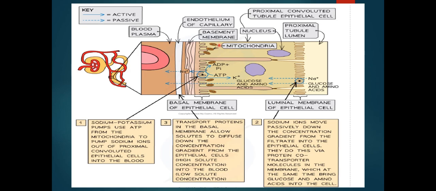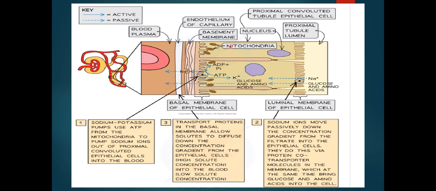You can see a lot of mitochondria are present here. And there's also ATPase, I mean, the sodium potassium pump. Sorry, there are a lot of them present here too. And there's sodium moving out from here. We're going to learn about that, but just know right now the structure of it.